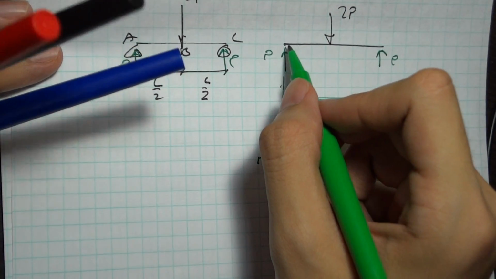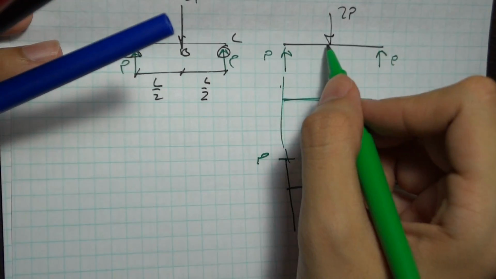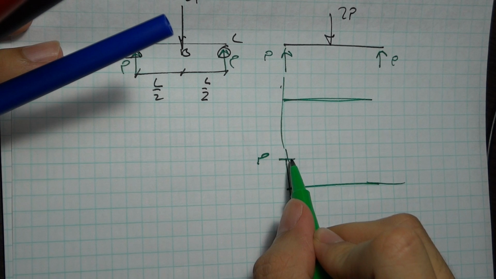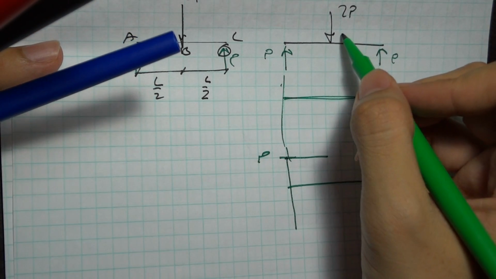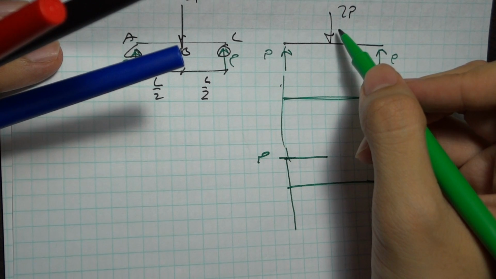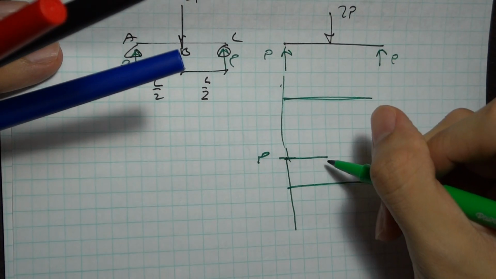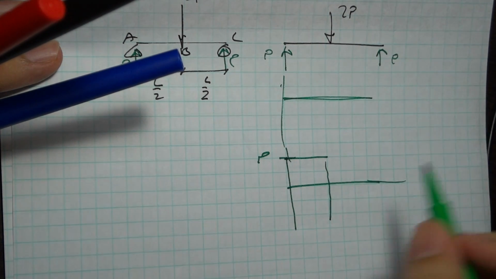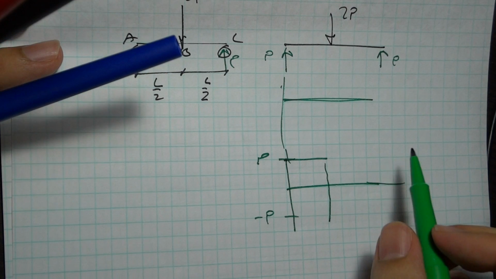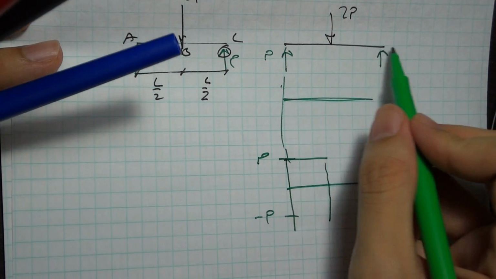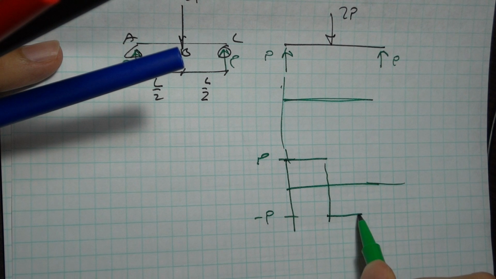No arrows from A to B. This entire distance, there's nothing acting, so I stay constant halfway through. And then this 2P is pointed downwards, so I have to go down by 2P. And then I have nothing from B to C, so I just keep going.